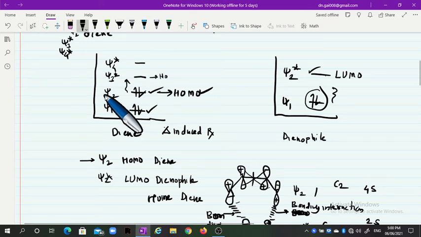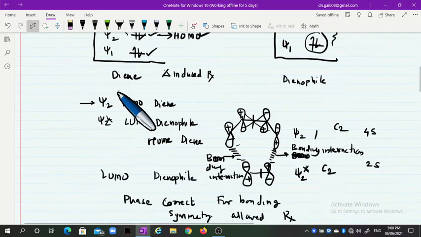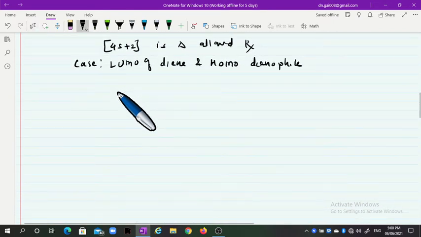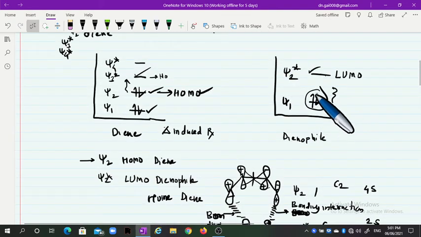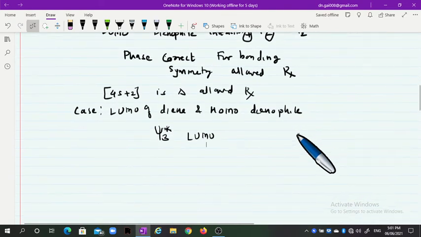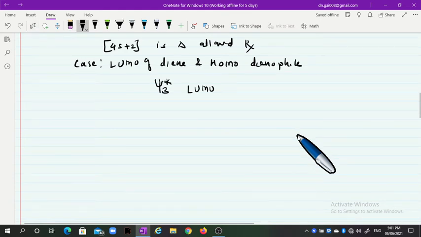Therefore, it is an unoccupied molecular orbital. For diene, Psi3 star is the LUMO. For dienophile, Psi1 is the HOMO.